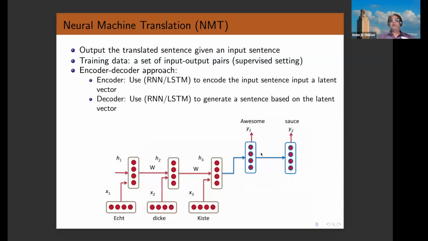But we know, especially in translation, that there are going to be words in the target sentence that correspond to words in the original language sentence. So instead of just using the final hidden state, you might actually want to use some of these intermediate hidden states.